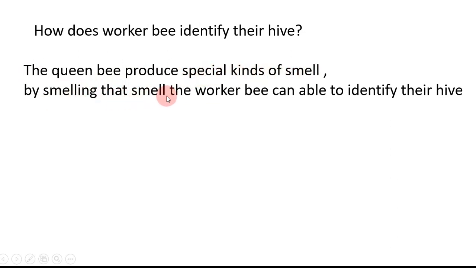By smelling that smell, the worker bees are able to identify their hives and come back to the same hives, even though they travel a long distance to collect nectar and pollen. So the queen bee produces special kinds of smell, and by smelling it, they can come back to their hives.